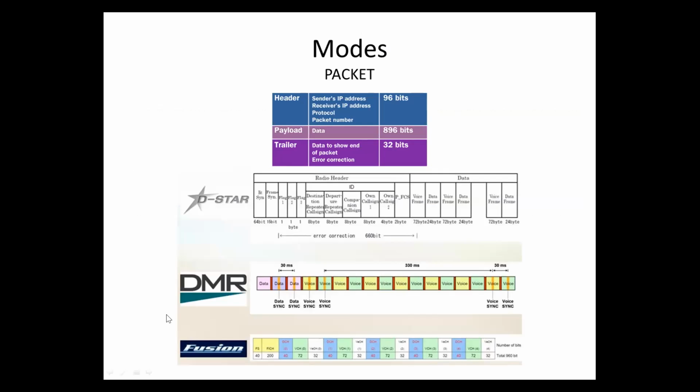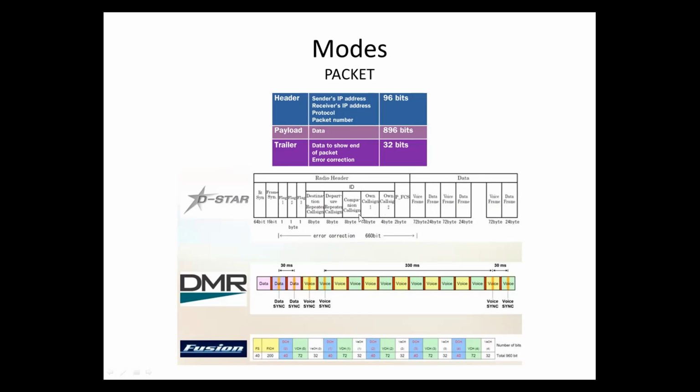We talked about these in the technician class, the handhelds and the base stations that use digital modes on FM: D-Star, DMR, and Fusion. And they all operate similarly in that there is a predetermined data structure and data handling technique for how they transmit data.